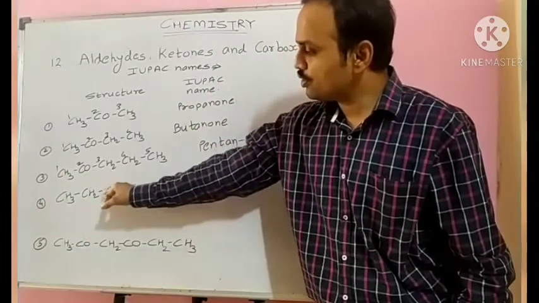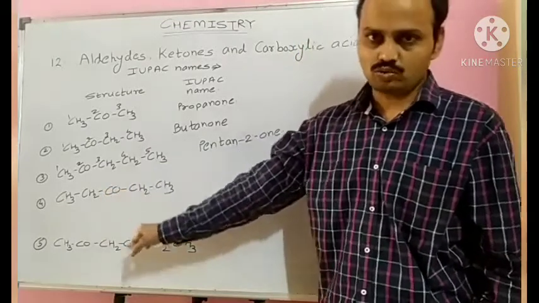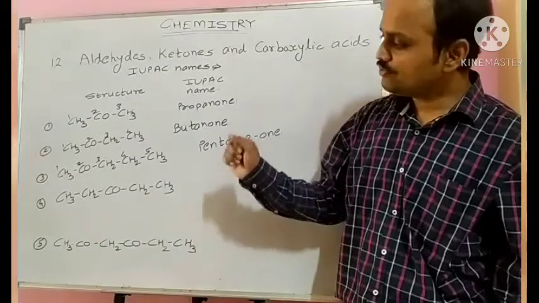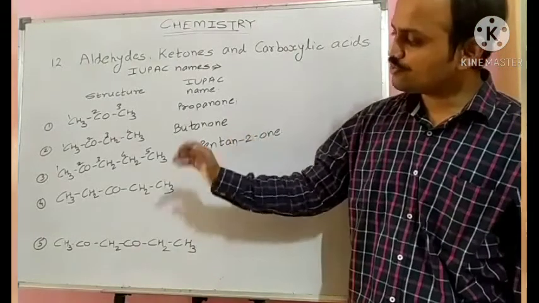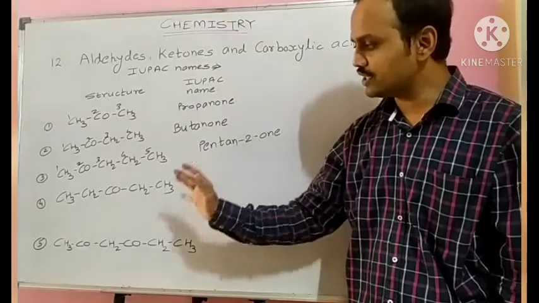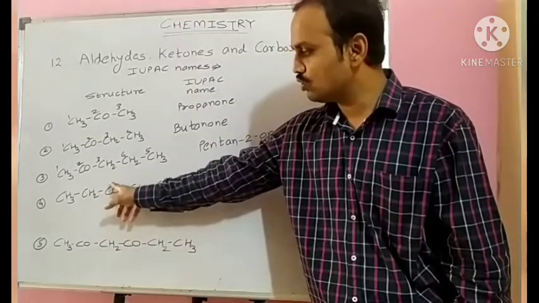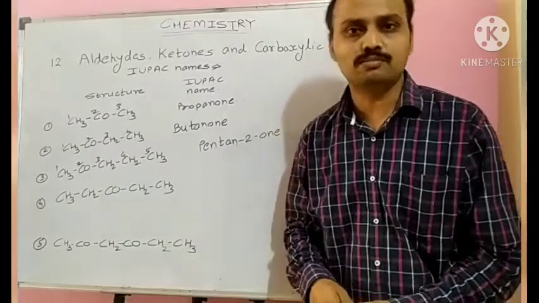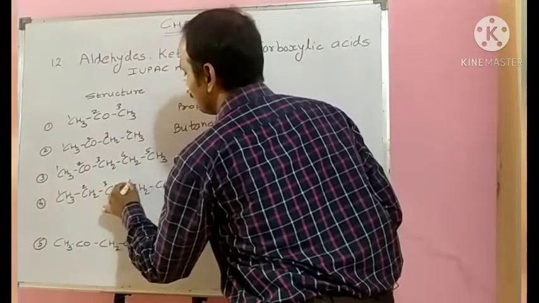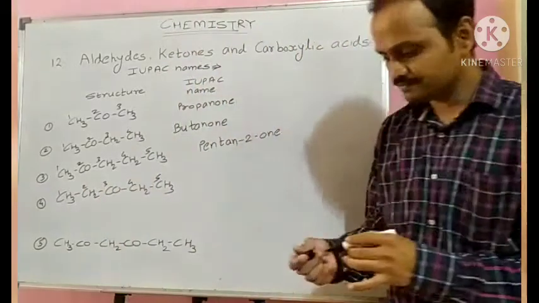Position of C double bond O, that is ketonic functional group, is on third carbon. If you number them from left to right or right to left, by both ways, this C double bond O carbon is getting third number. So I will write 1, 2, 3, 4, 5 as the numbering.